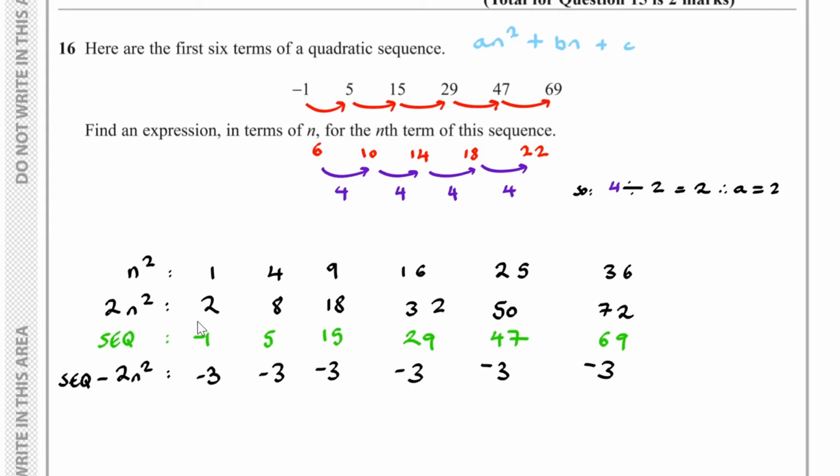To find out the b term, I find out the difference between each of these terms. So the difference between each of these terms is 0, as we see here. So therefore, b is equal to 0.